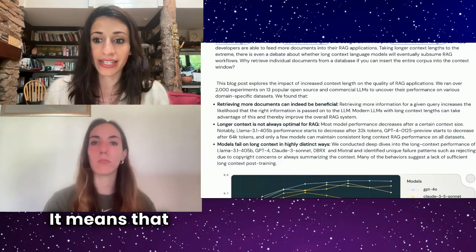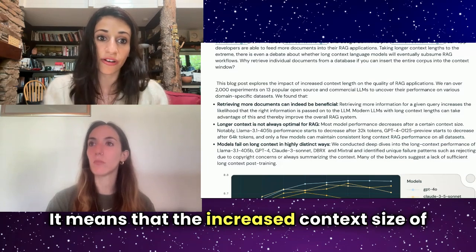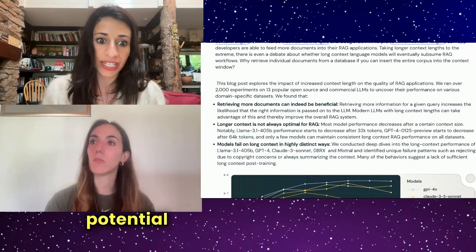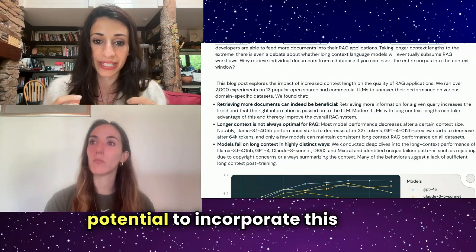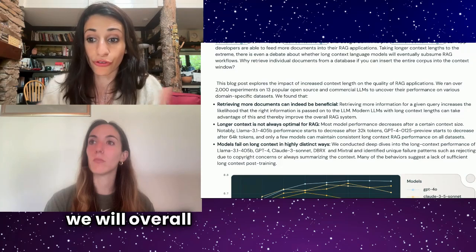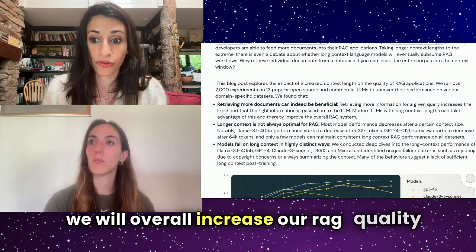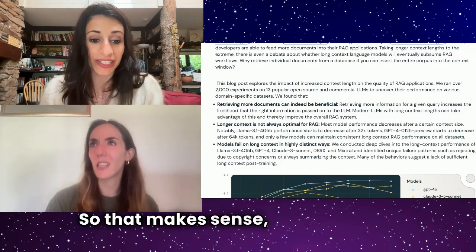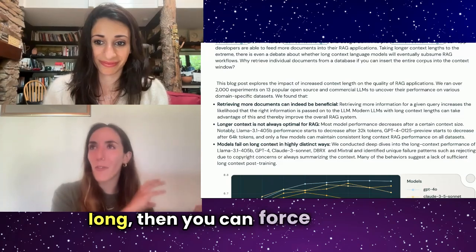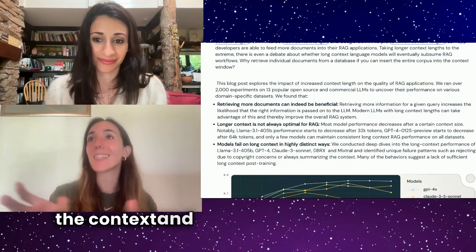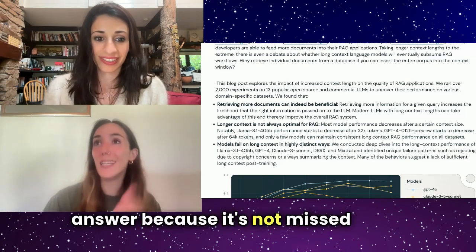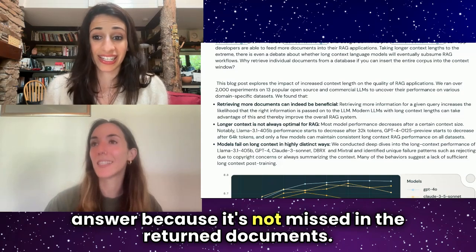It means that the increased context size of those recent LLMs really has the potential to incorporate this extra information, which means that we will overall increase our RAG system quality. So that makes sense, right? Because if the context is so long, then you can force all of this information into the context and you have better chances of finding the answer because it's not missed in the returned documents.